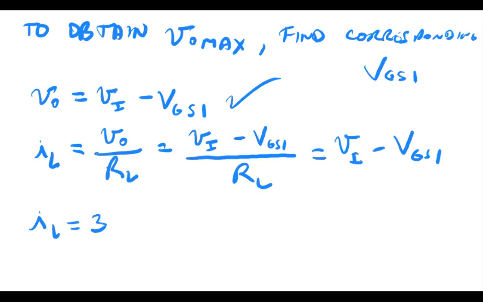So I'm trying to find the maximum voltage. Now I substitute for Vin max, which is 3 volts, minus VGS1. Then I can go back to my transistor 1 equation, which I'm going to write next.